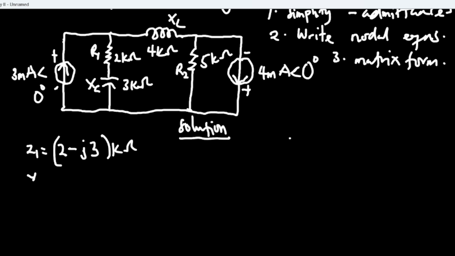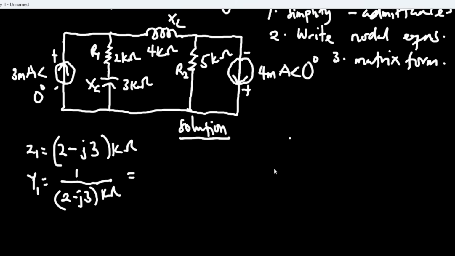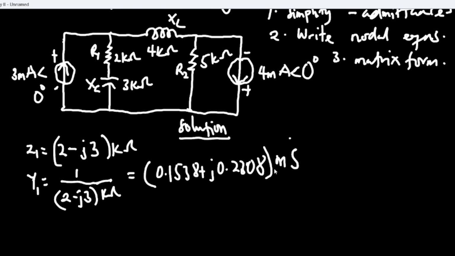So now my Y1 is equal to 1 over 2 minus J3 in kilo ohms, and this is going to give you a value of 0.1538 plus J0.2308, all in millisiemens.